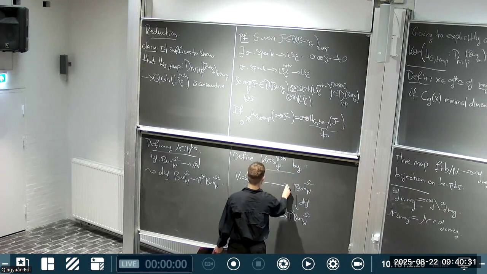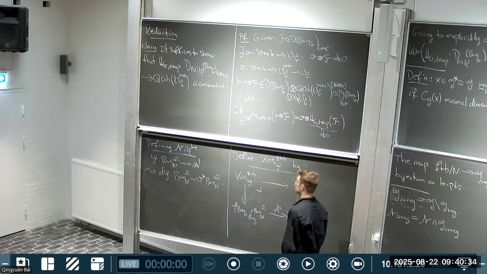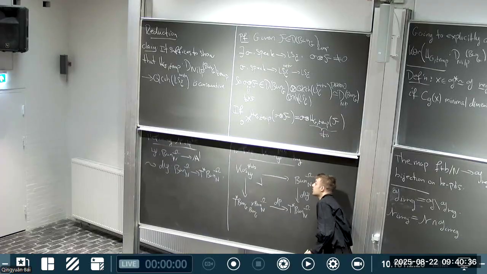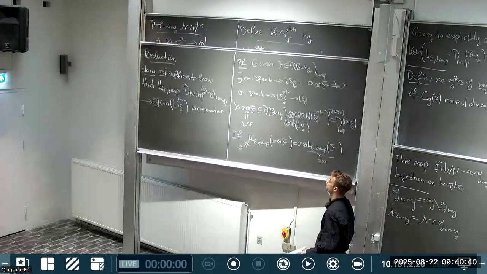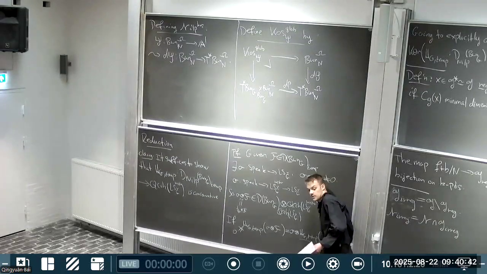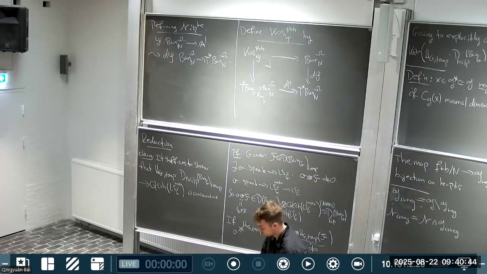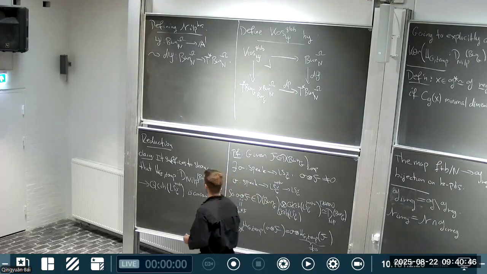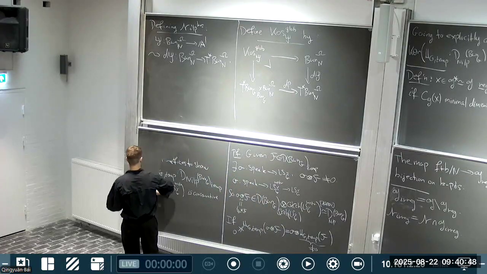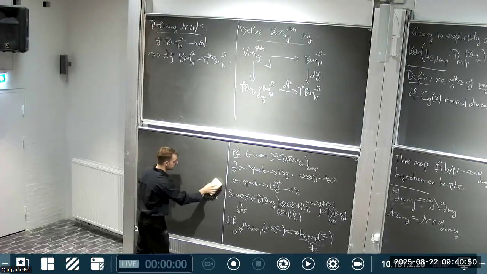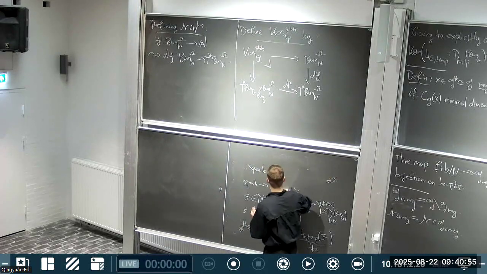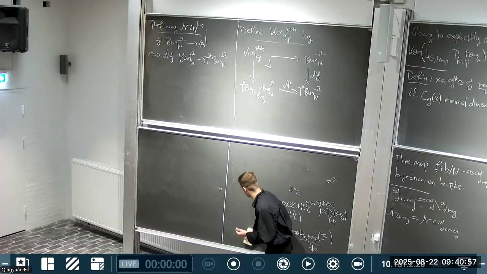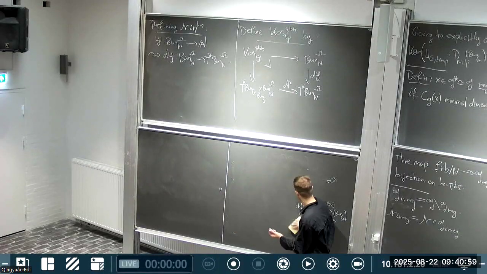There's a Cartesian diagram like this. And these Kostant sections have the key property we'll use, a certain transversality property to the nilpotent cone.